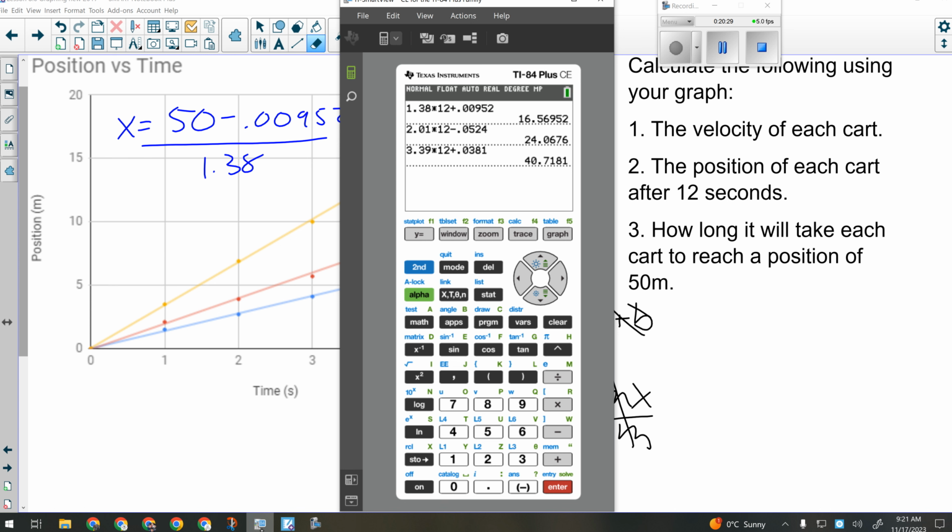Don't put this all in a line on your calculator. Well, if you use brackets, it's fine. But don't put it all in a line without brackets, or your calculator will do order of operations, which is it'll divide 0.00952 by 1.38 and then subtract that from 50. Is that the same as subtracting 0.00952 from 50 and then dividing that by 1.38? No. It is definitely not the same thing. So you've got to watch your order of operations and outsmart your calculator.